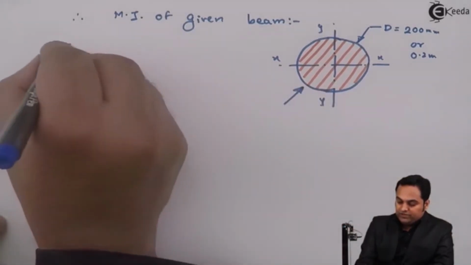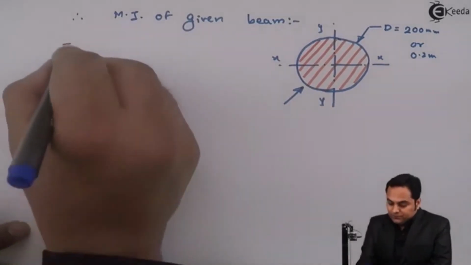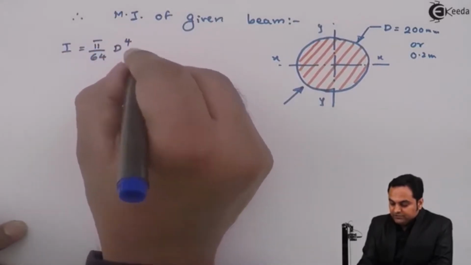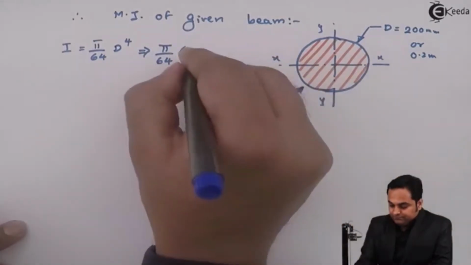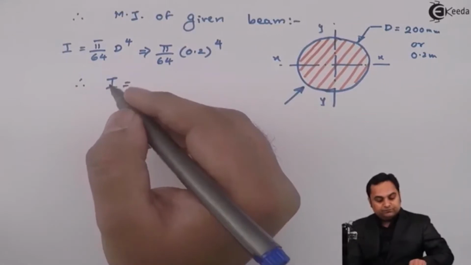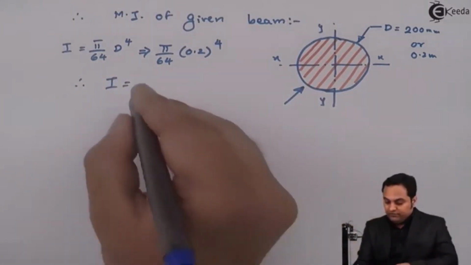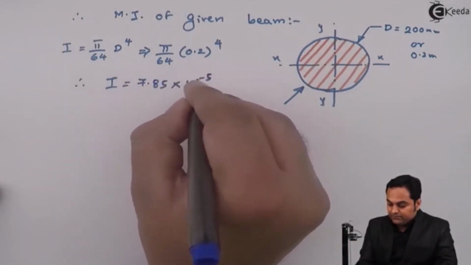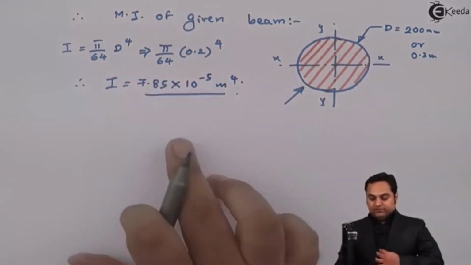Now the moment of inertia I will be equal to Ixx or Iyy, both are same. For a circular section it is pi by 64, diameter raised to 4. Diameter is 0.2 raised to 4, so the I value comes out to be 7.85 into 10 raised to minus 5 meter raised to 4.